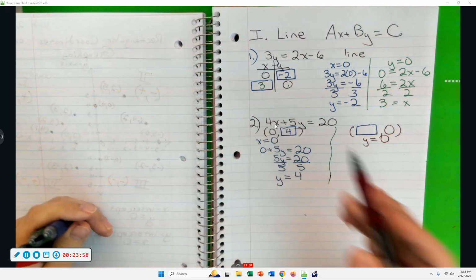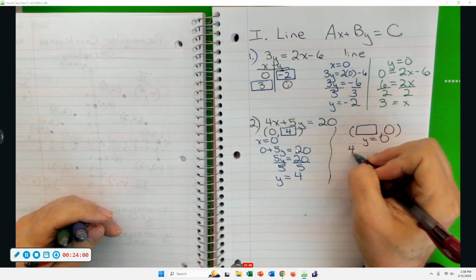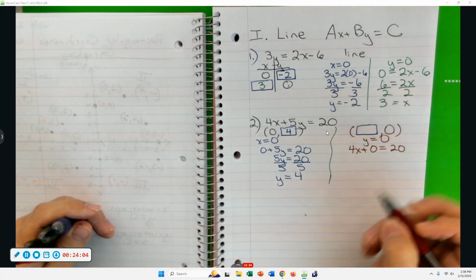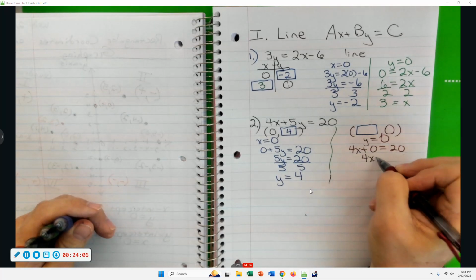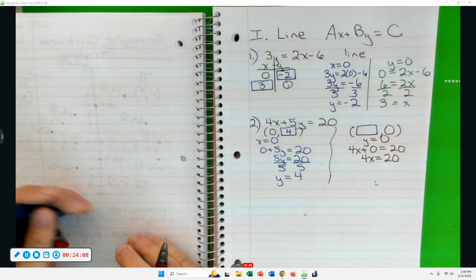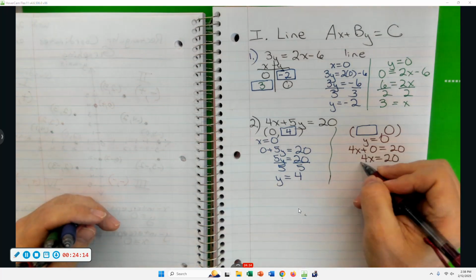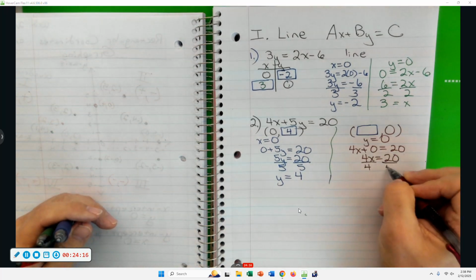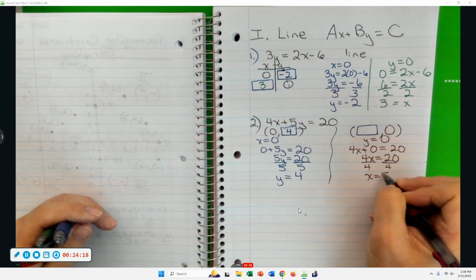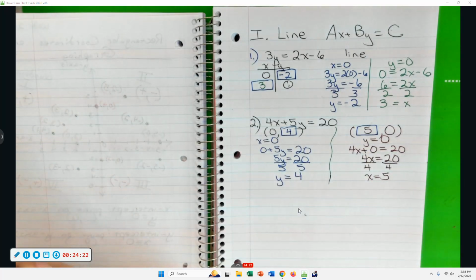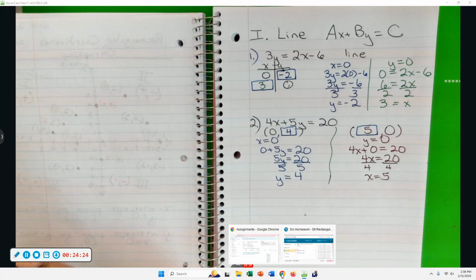That means we have 4x plus 5 times 0 is equal to 20. So we just have 4x equals 20. So what will x be? 5, I agree. So there's my second ordered pair, 5, 0.